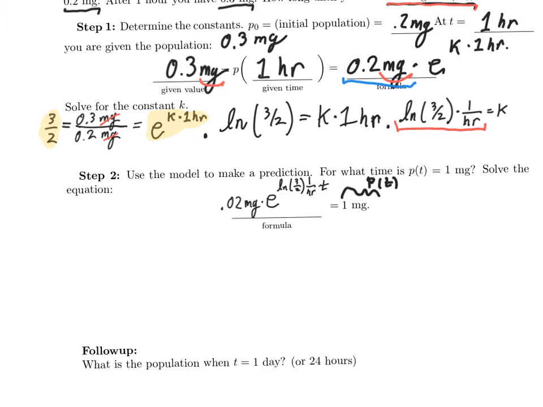And well, I see what I have to do. I'll start by dividing this to the other side. If I do that, I'll start right here. E to the ln of 3 over 2 times 1 over 1 hour times t is equal to 1 milligram divided by, oh, I miscopied that.